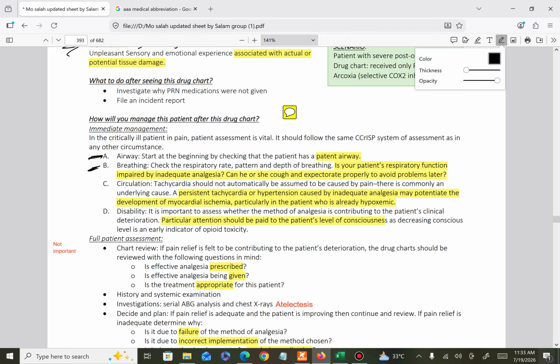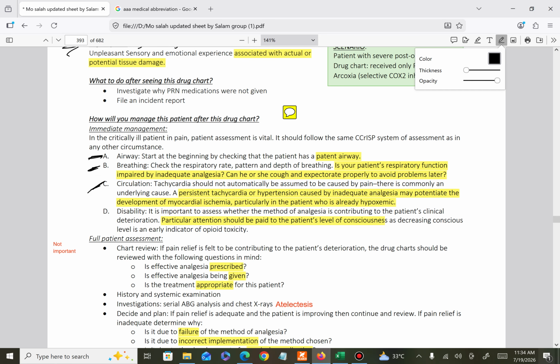Is your patient's respiratory function impaired by inadequate analgesia? Can he or she cough or expectorate properly to avoid problems later?